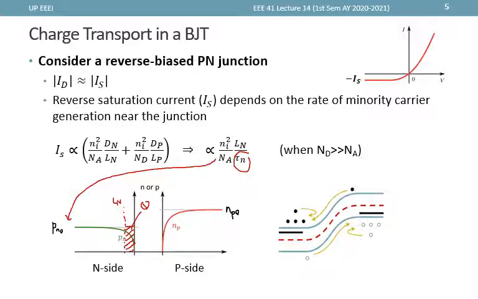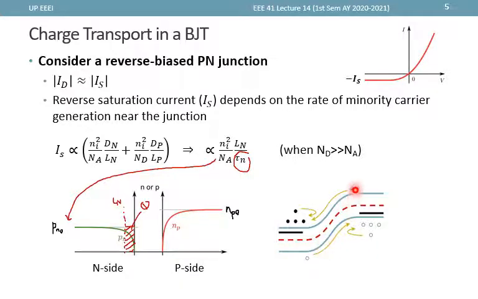Now, in terms of EBD, we show here the EBD of a reverse biased PN junction, where we have here the N side and we have here the P side. Now, the only carriers involved in this reverse current are the minority carriers crossing from this point to this point, and the holes from this point to this point.